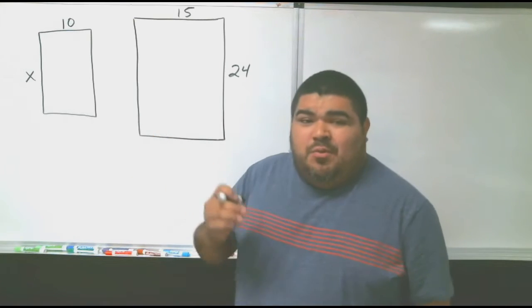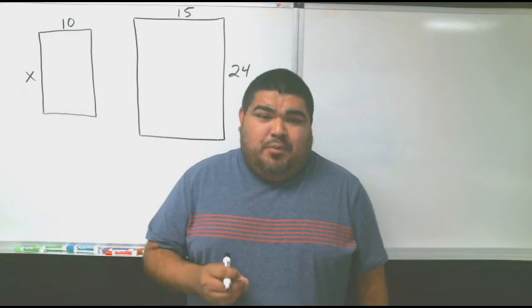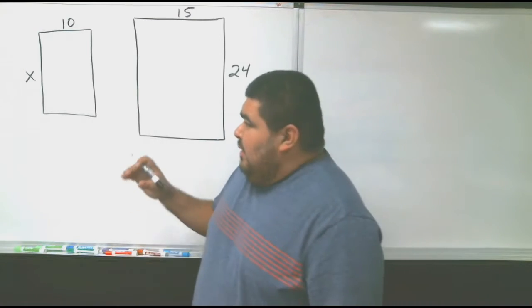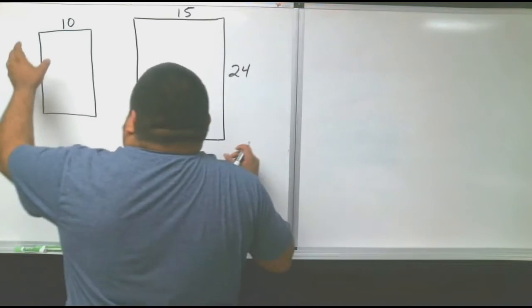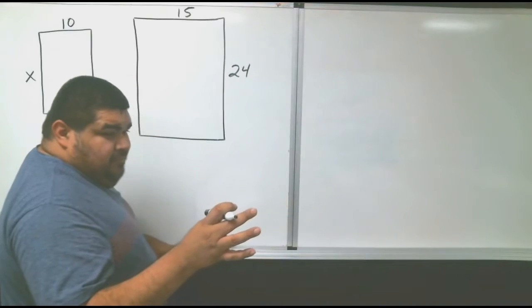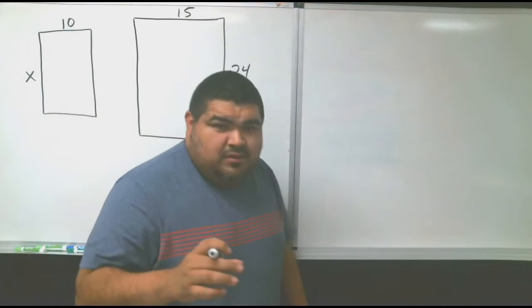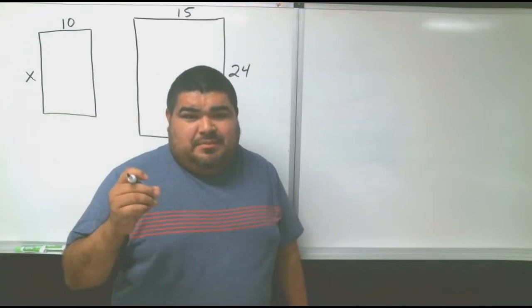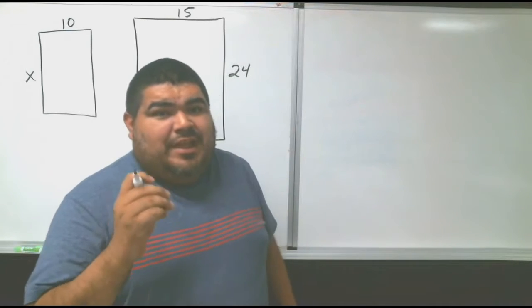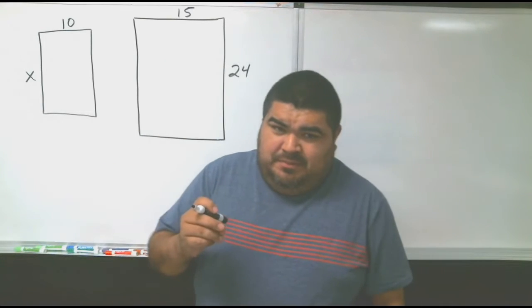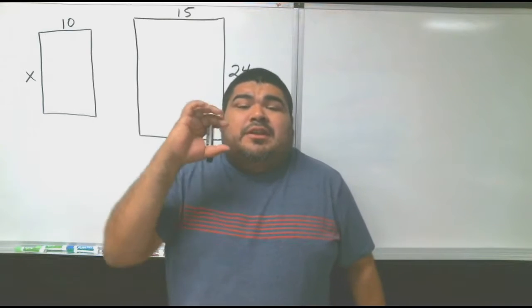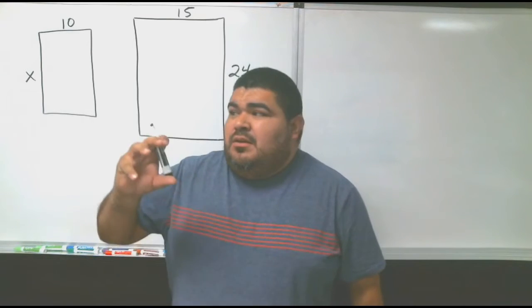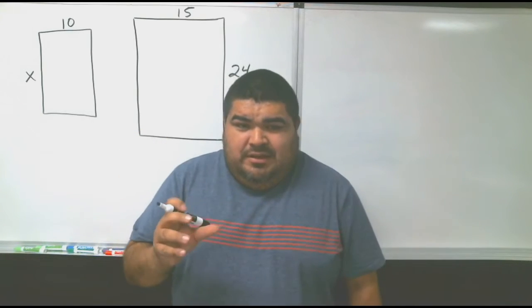It gives you a lot more insight into how to set up a proportion. If you remember, whatever side we pick for the top, we have to pick the same for the bottom. We can also do it as a shape.